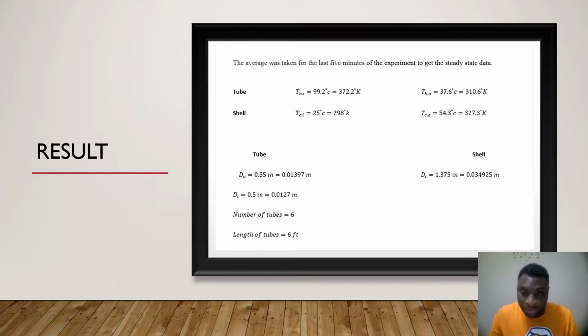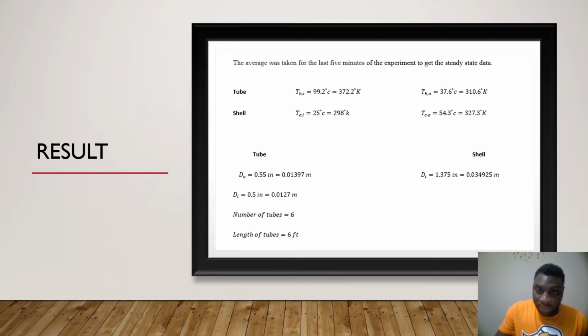That would be the cooling temperature, the T cold, and I assumed a high temperature of 99.2, which I had to look up. Through my calculations, the T cold from the shell side came out to be 54.3, and the T hot came out to be 37.6.